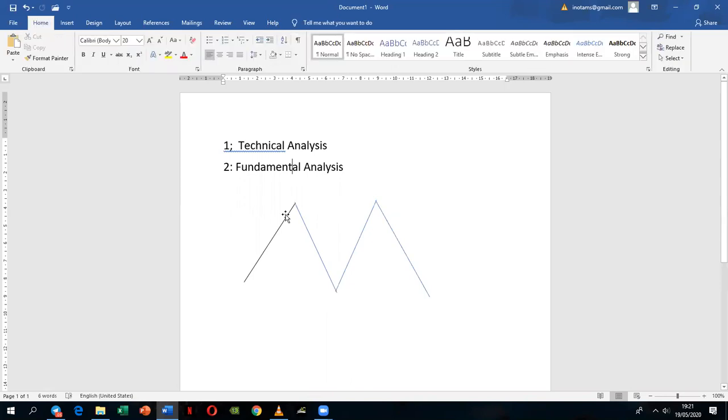What's the characteristic feature of the double top? These are the two tops we're talking about. This point and this point.